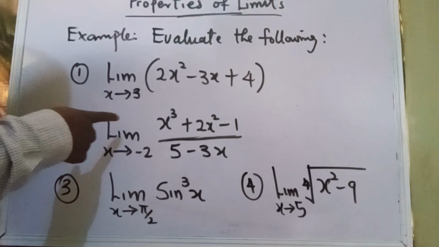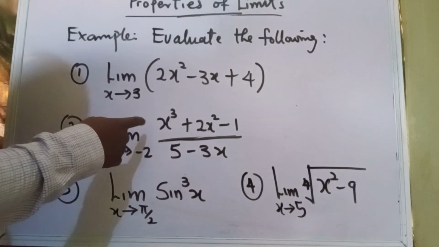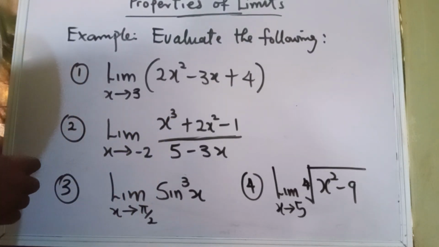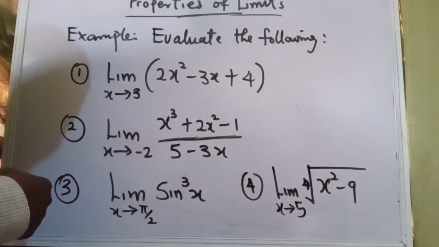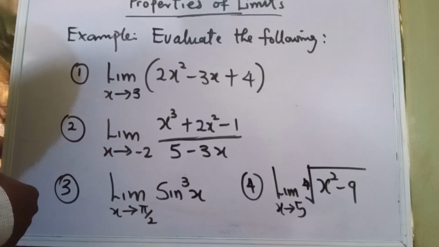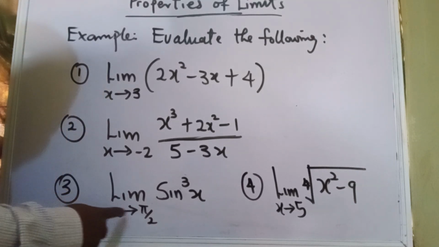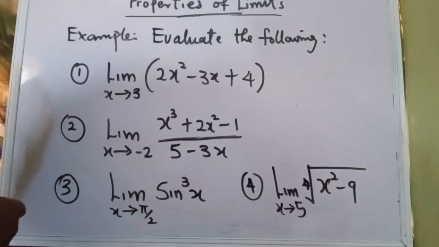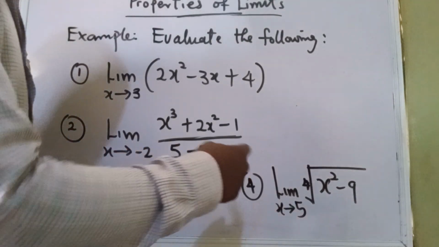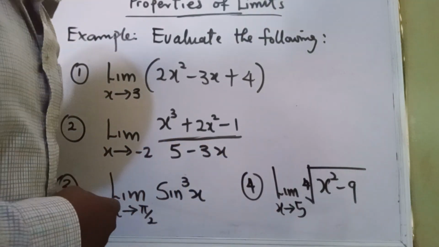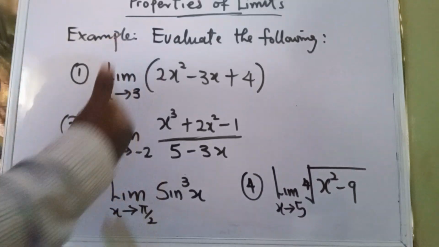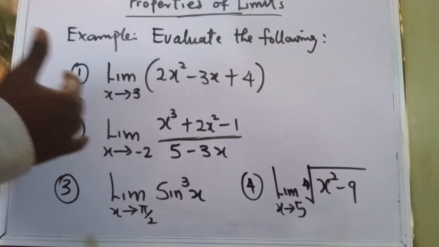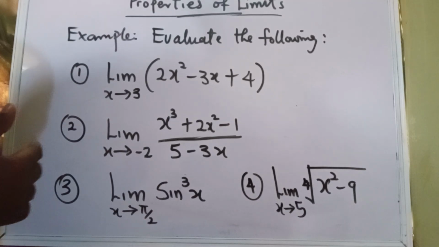We also have a rational function whose numerator is a cubic function and denominator is a linear function. We also have another function that's trigonometric, the limit of sine cubed of x as x tends to pi over 2. We also have another one, the limit of the fourth root of x squared minus 9 as x tends to 5. So let's see how we do this with the aid of the limit laws.